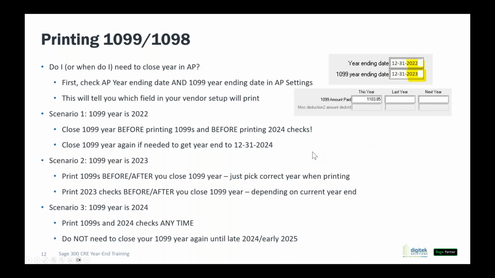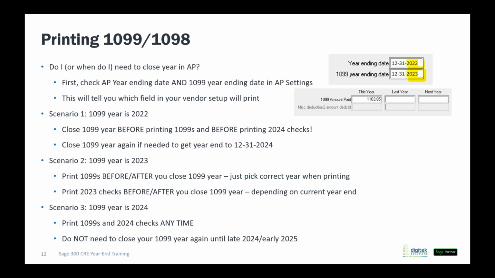Okay. All right. So going back, do I, or when do I need to close the year in AP? All right. So we looked at our settings. We looked at how that affects our 1099 amounts paid. So if my year ending is set at 12/31/2023, do I need to close that AP year prior to doing my 1099s? I do not.